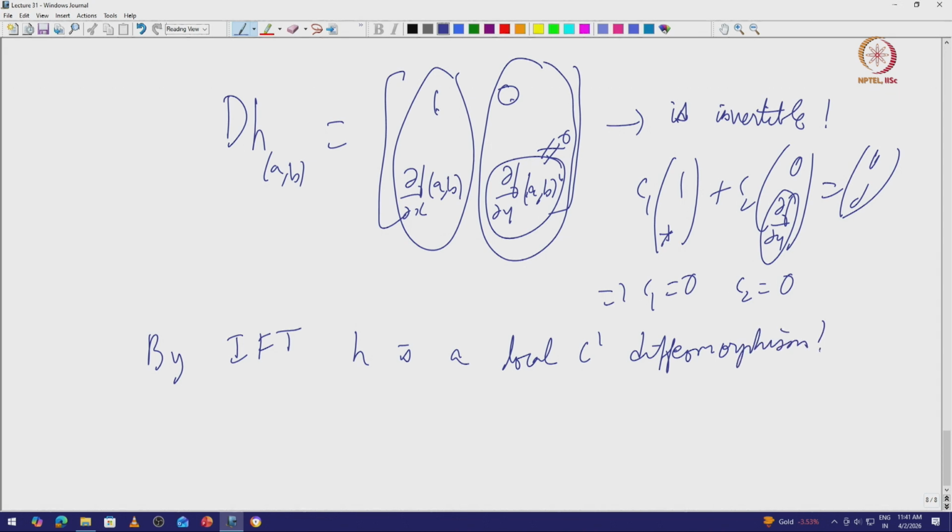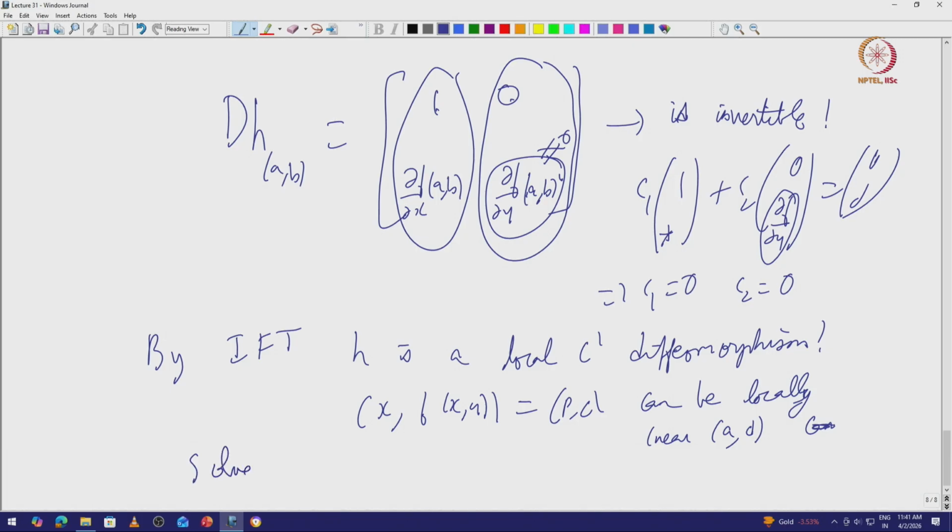What does that mean? What that means is, if you take this equals, say, (p, c), this can be locally solved for, by locally I mean near the point (a, c), for (x, y) in terms of (p, c) in a C1 manner no less.